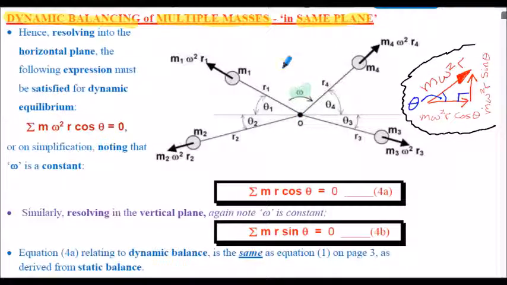Thus, each of the centrifugal forces is resolved into its horizontal and vertical components and summated. In this case, we're resolving into the horizontal plane, and we end up with an expression that has to be satisfied for dynamic equilibrium. If you look at this equation, it's quite similar to what we saw previously when we were doing static balancing. That had mg r cos theta.